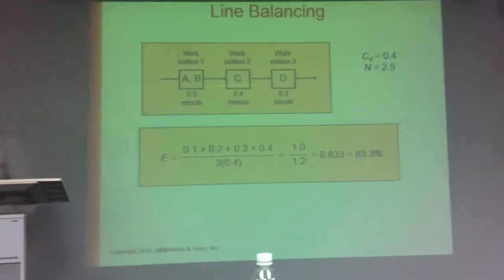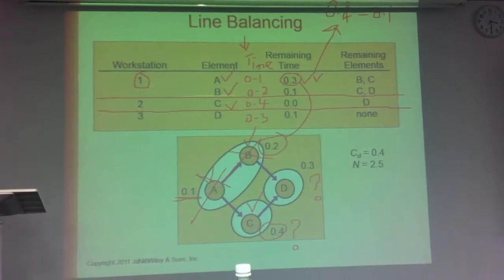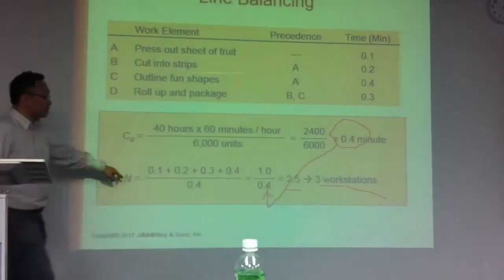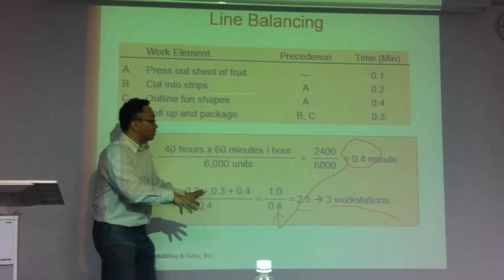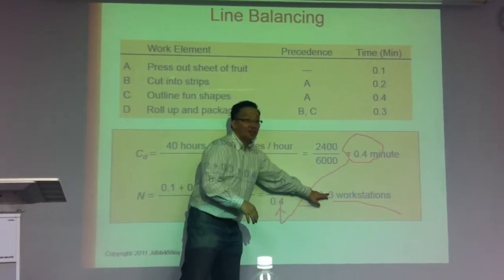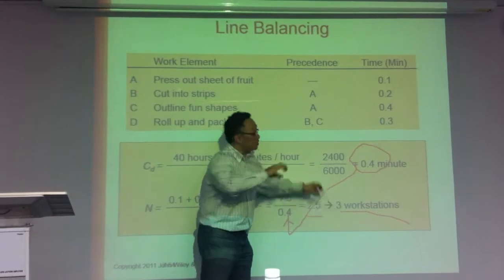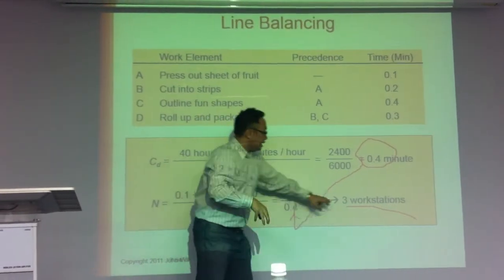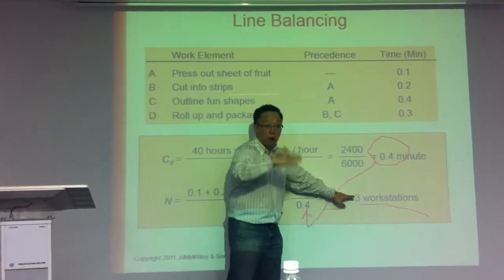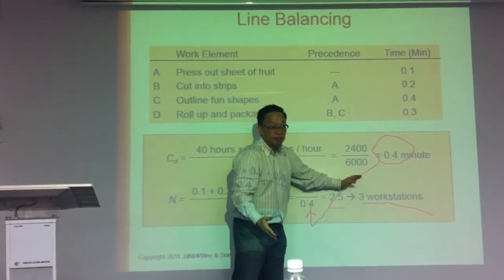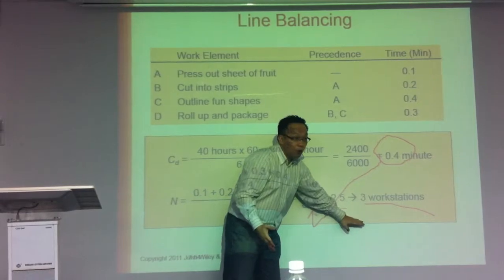This one, 3, is not the same as this. This is the theory 3. Theory means we calculate. We think that on average it can be 3. But sometimes in the actual, based on how we put the jobs, actual can be 4 or 5. So I repeat, actual can be more, cannot be less.